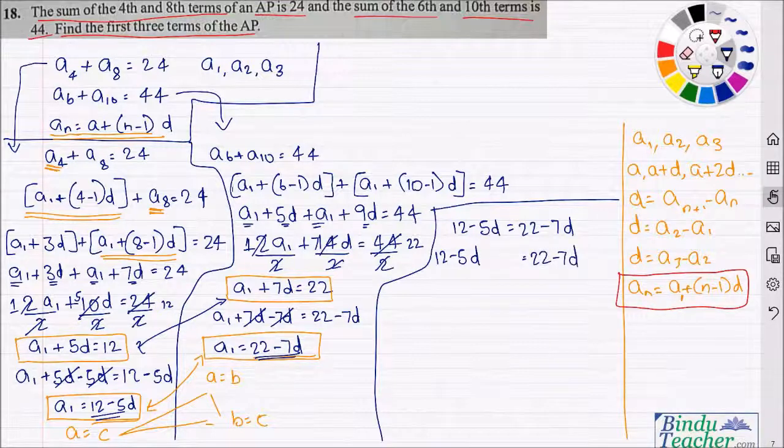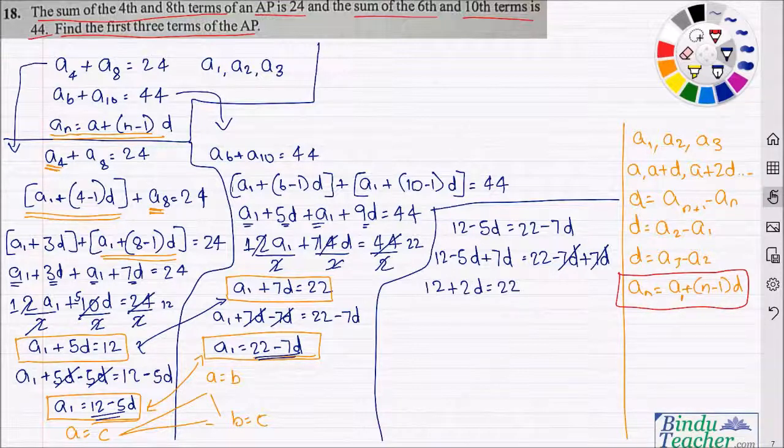I want to remove 7D, so I will add 7D and I will repeat that on the left hand side of the equation. So minus 7D and plus 7D cancel out each other, and here we will get 12 minus 5D plus 7D is plus 2D equals 22.